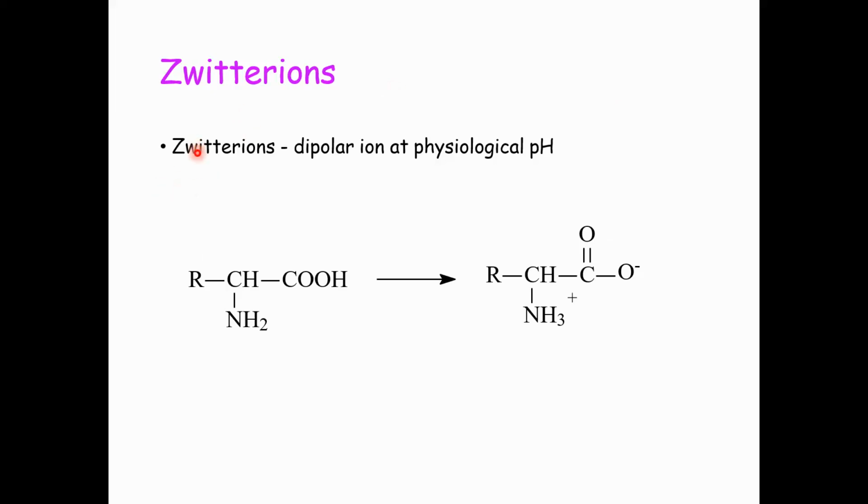So what does it mean by zwitterion? A zwitterion is an ion that has both charges, positive and negative. Amino acids have this ability. They can act as zwitterions, meaning they have two ions at the same time at physiological pH, or they have two poles. If they have two charges, these charges create the poles on them.